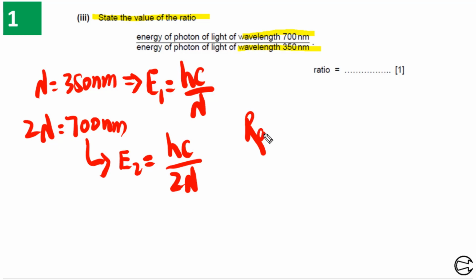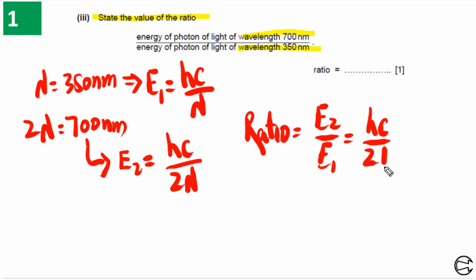Now we need to find the ratio between these two energies, so we need E2 divided by E1. We can write this as hc over 2 times lambda multiplied by lambda over hc. We just need to simplify. These two will be cancelled and our final answer will be 0.5.